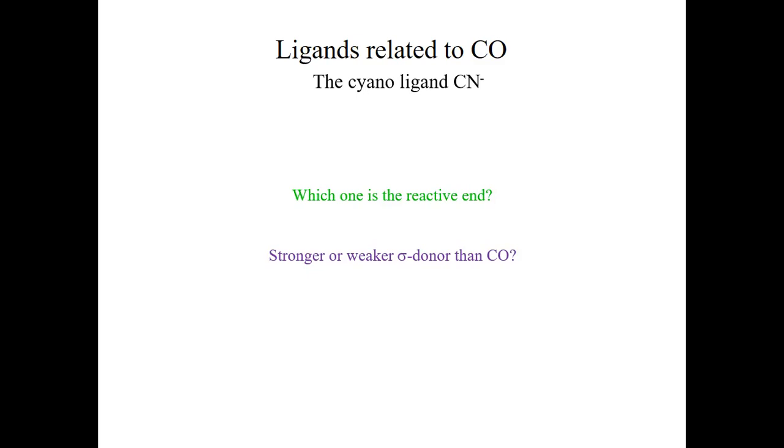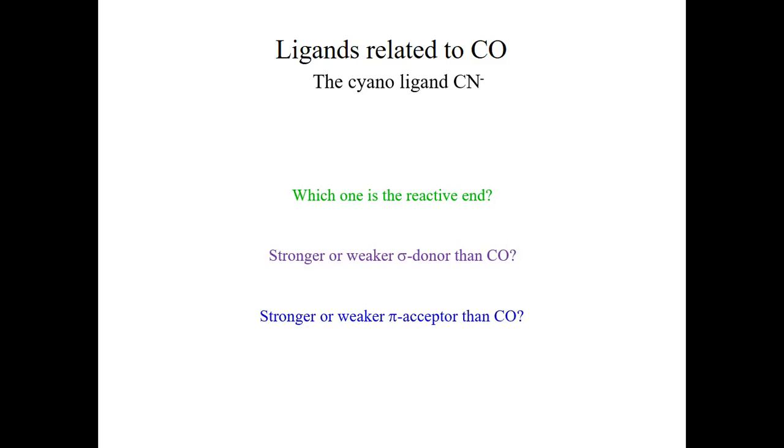The cyano ligand has a negative charge, and as such, it has a greater tendency to donate electrons. So for that reason, the sigma donor properties of the cyano ligand are larger.